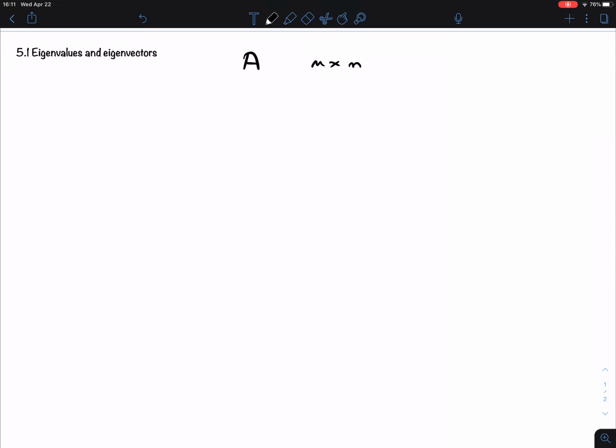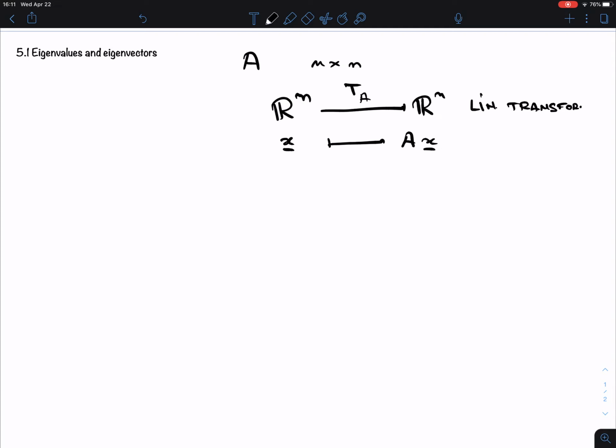It can be the coefficient matrix of a system of equations, but it can also be what we called a linear transformation, which we denoted T of A. How it worked was very simple: you take a vector, multiply with A, and you get another vector of the same size because it's a square matrix. That was what we called a linear transformation, and any linear transformation was given by a matrix.